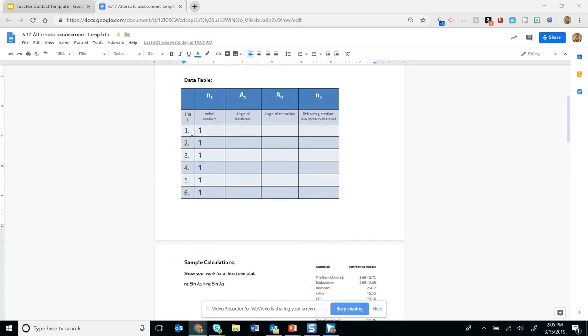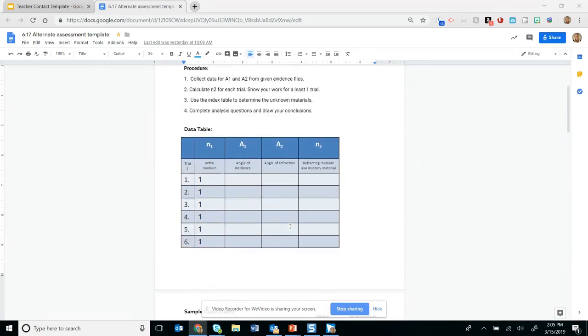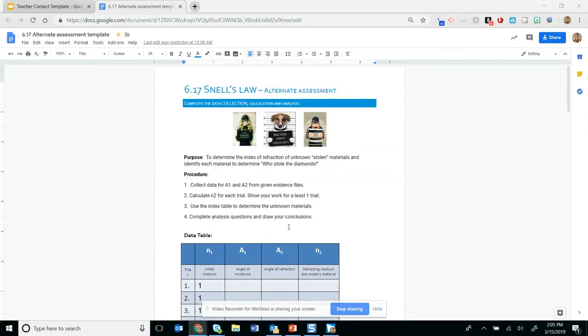Now, of course, we're doing two trials per potential criminal, so it should be the case that trials 1 and 2 are similar, and you're identifying one mystery material for that person. Trials 3 and 4 should be similar, as well as 5 and 6. So we're basically running a test twice on each individual.